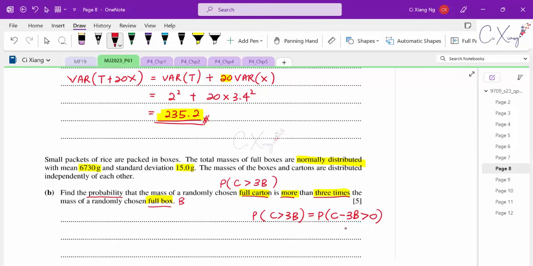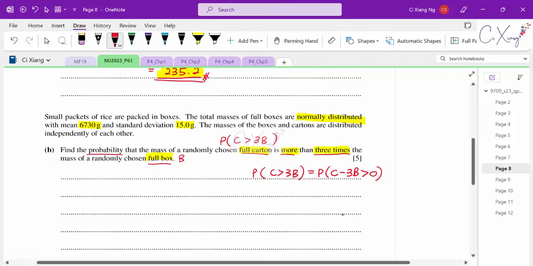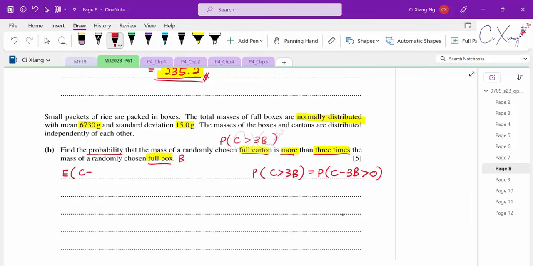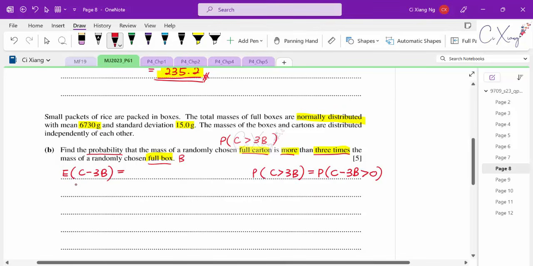In general, we already know that it is normally distributed. Before we start, we need to find the mean first. So what is the expected value for C minus 3B? Expected value for C, I think we need to pre-calculate it first.